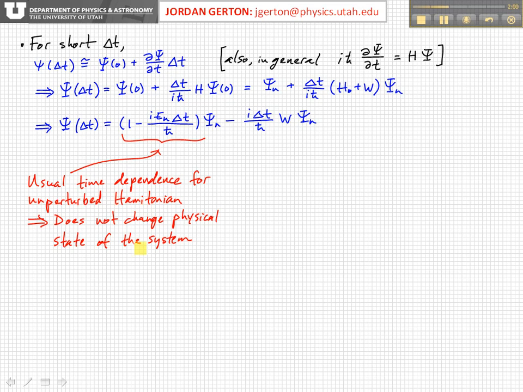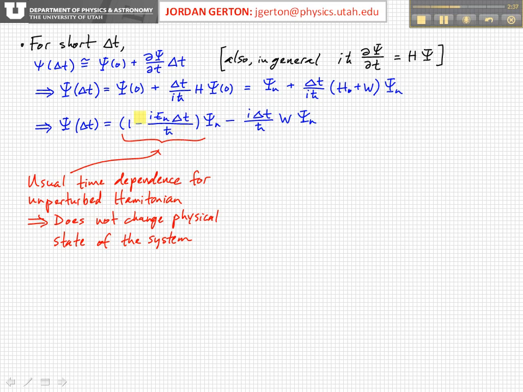Remember when we did the expansion of the wave function when the system is in an eigenstate, we expanded the temporal part of the wave function, which is just a complex exponent, to second order in time. Here is that same result back, but just to first order in time: 1 minus i E n delta t over h bar.